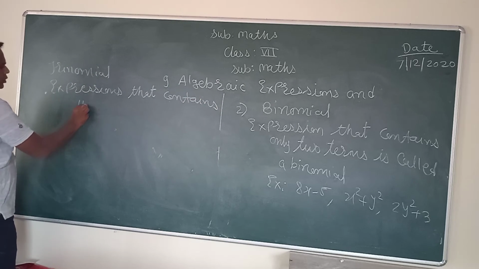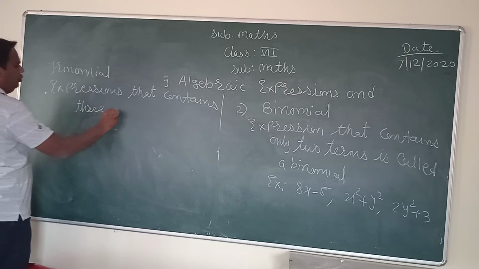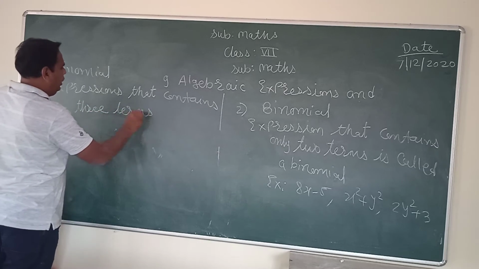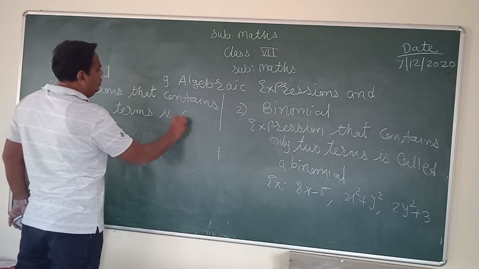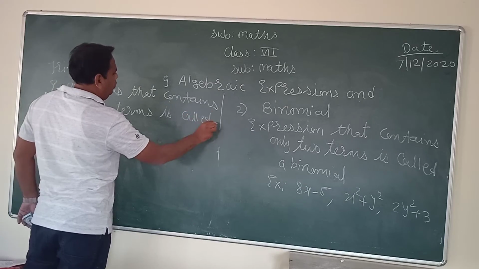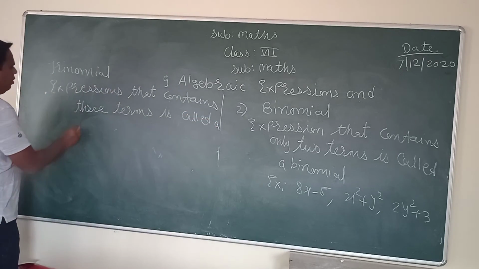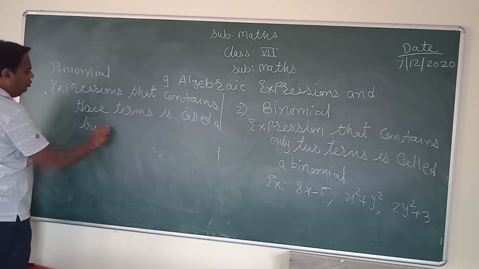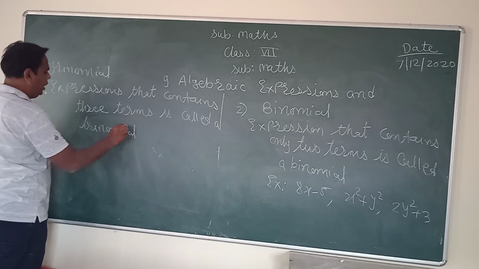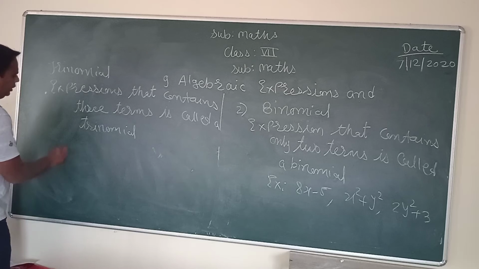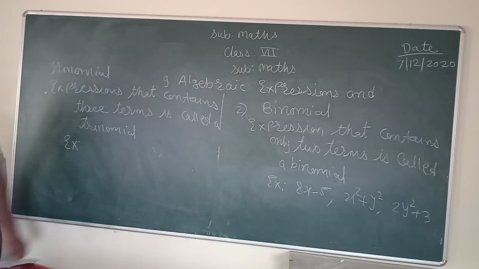An expression that contains three terms is called a trinomial, students. For example, एक ऐसा एक्सप्रेशन जिसमें three terms होते हैं.